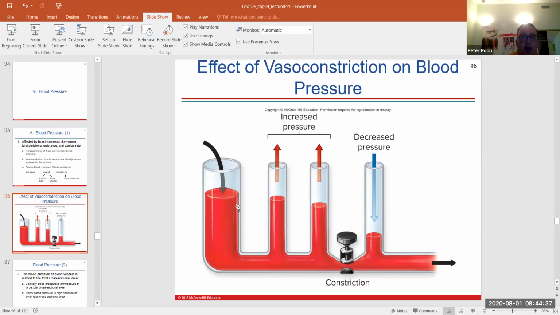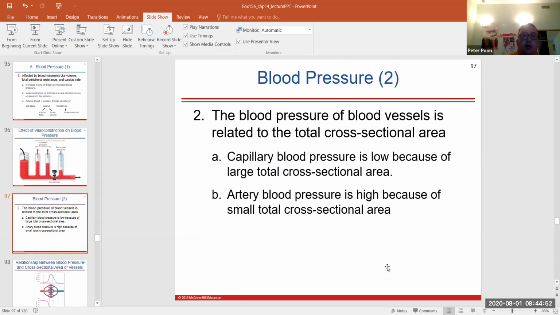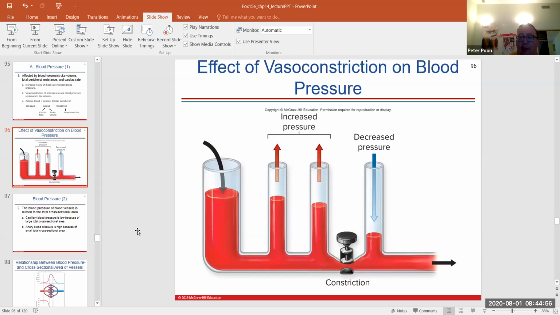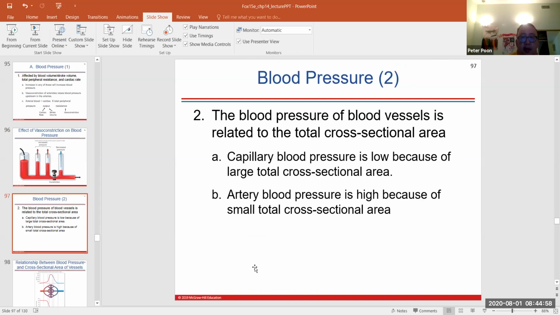So here, if blood is coming here and you have a clamp here, you have increased pressure before the clamp. After the clamp, there's decreased pressure. And this will become more relevant when we talk about kidneys.